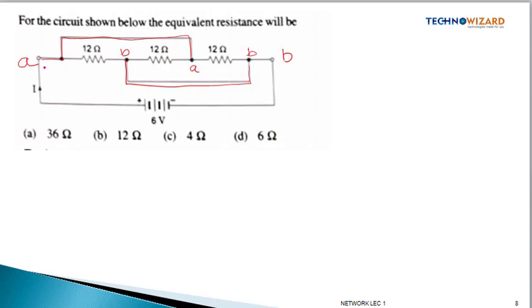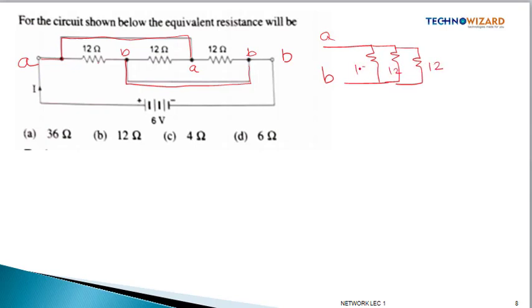It means between A and B, 12 ohm is connected. Similarly here between A and B, 12 ohm is connected, and here the same 12 ohm is connected. It means between the points A and B, three 12 ohm resistances are connected after rearranging this circuit, right?